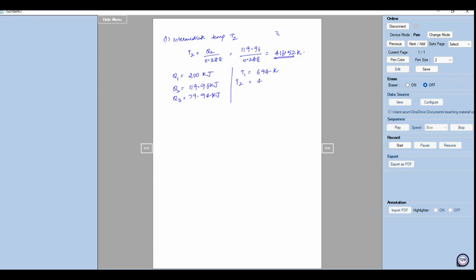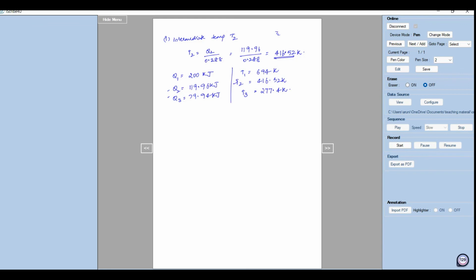T2 just now we calculated, that is 416.52 Kelvin. And finally we have T3, that is 277.4 Kelvin. Right? So we calculated Q3, we calculated Q2. Similarly, we got T2 also, the intermediate temperature T2.